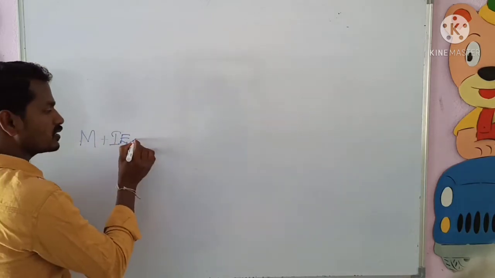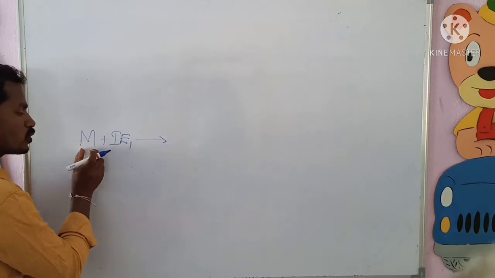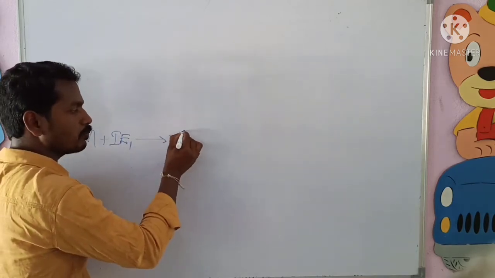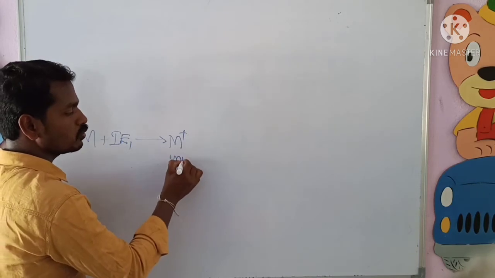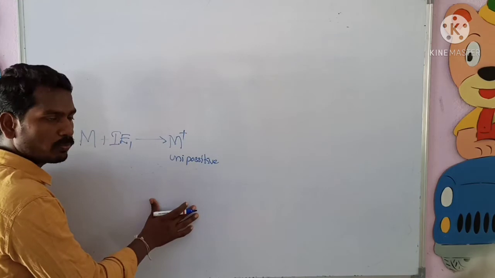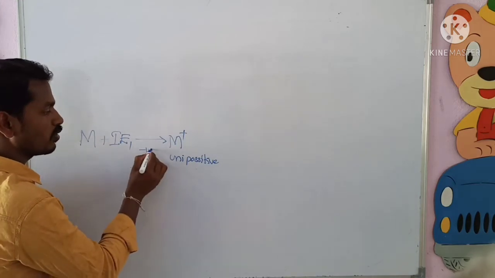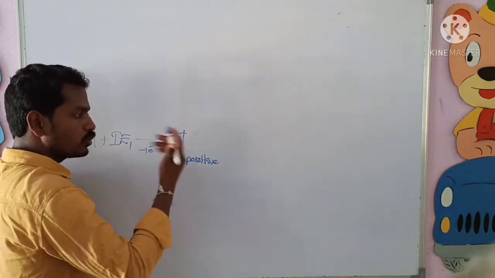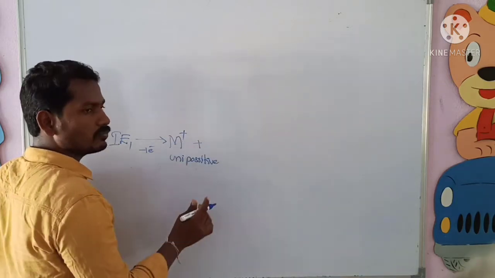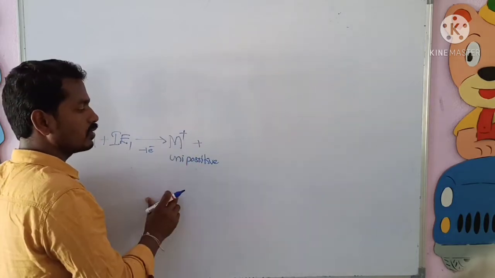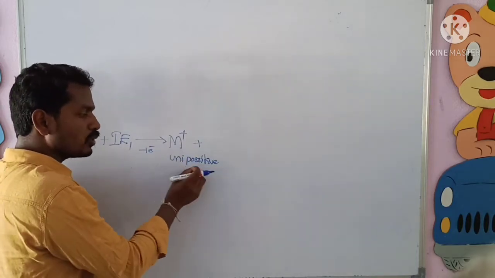After applying a certain amount of energy, the neutral atom loses one electron and turns into M plus, the unipositive ion. The next time, you apply energy to remove the second electron from the same atom, now the unipositive ion.